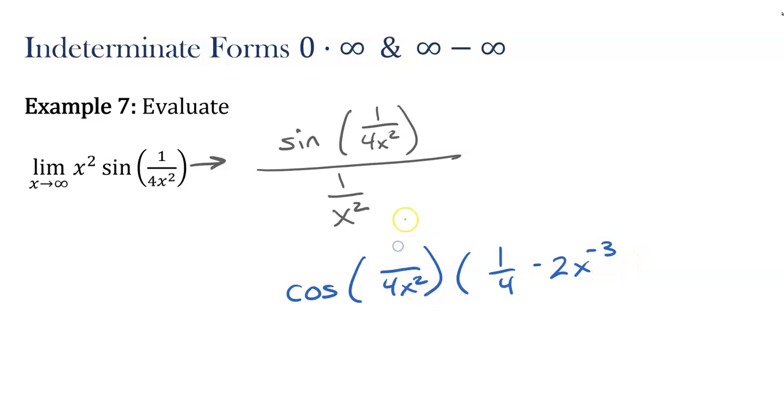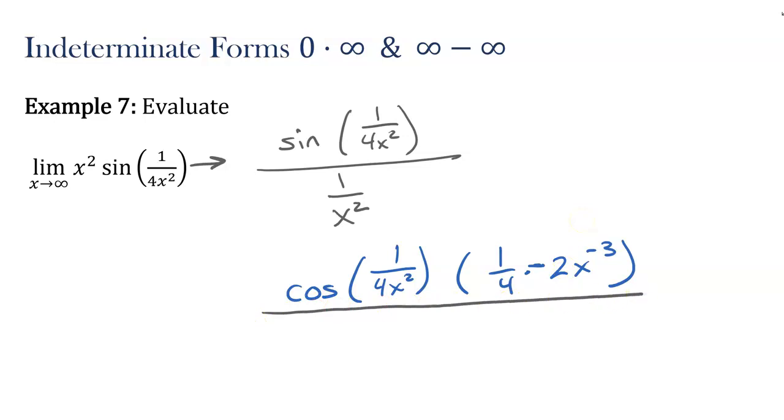Because this is the same thing as saying 4x squared to the -1, right? So that'd be 4 to the -1 and x to the -2. And we can do it that way. That's what I did. Okay? That'll work. And that is multiplying by negative, not subtraction. Derivative of the bottom is so much easier. That's -2x to the -3.